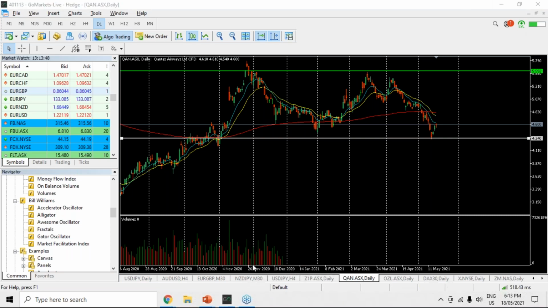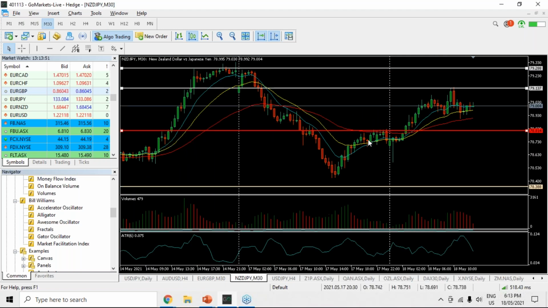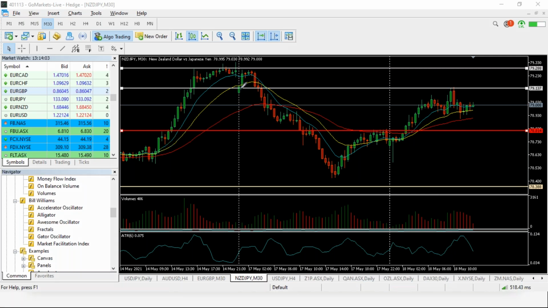So if we look at something, let's just have a quick look. Let's see what we can find. Okay, so here's one. This is a good example. Let me just draw something, change the pen color to yellow. Okay, so we see here, a couple of ways you could trade this. We could have traded the breakout there, but rather we pick this up with trend continuation.